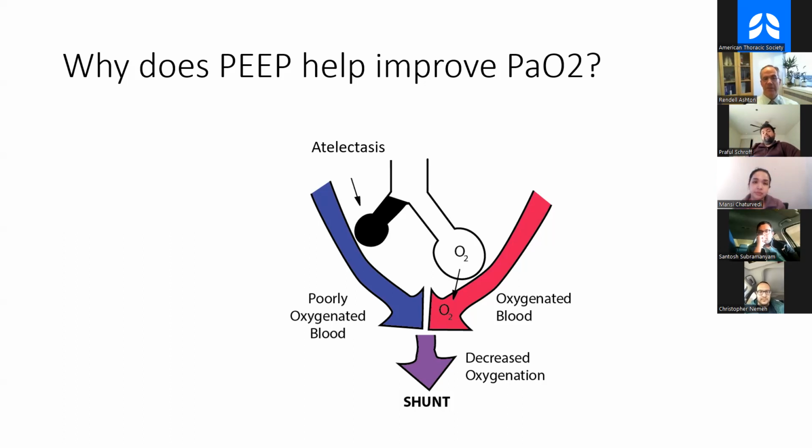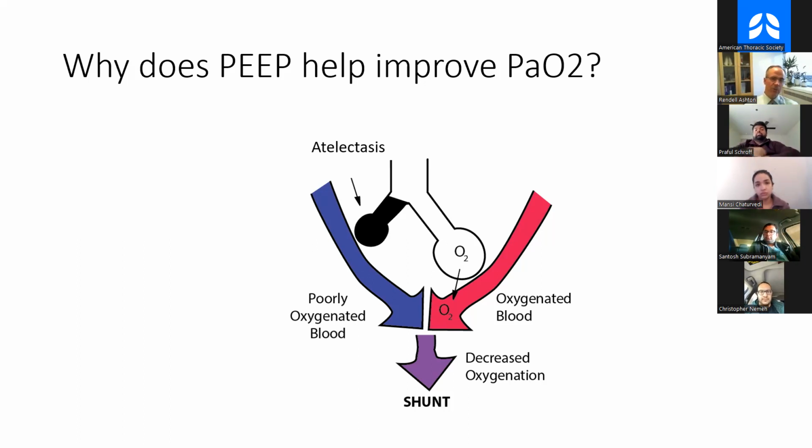So it's not going to pick up any oxygen. And so when it mixes with the oxygenated blood, the overall blood flow going back to the heart via the pulmonary veins is going to have less than full oxygenation. That's not good if you've got somebody sick with COVID. And this is the primary mechanism of poor gas exchange in ARDS, right?